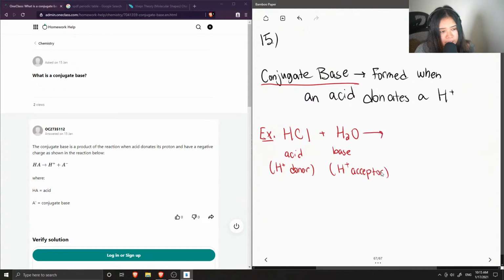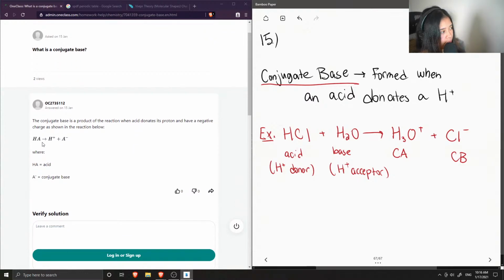And when the reaction takes place, the acid will donate its proton to the H2O to get H3O+, which is known as our conjugate acid, and Cl-, which is our conjugate base. So this is the one that was formed when the hydrochloric acid donated its proton and became Cl-.